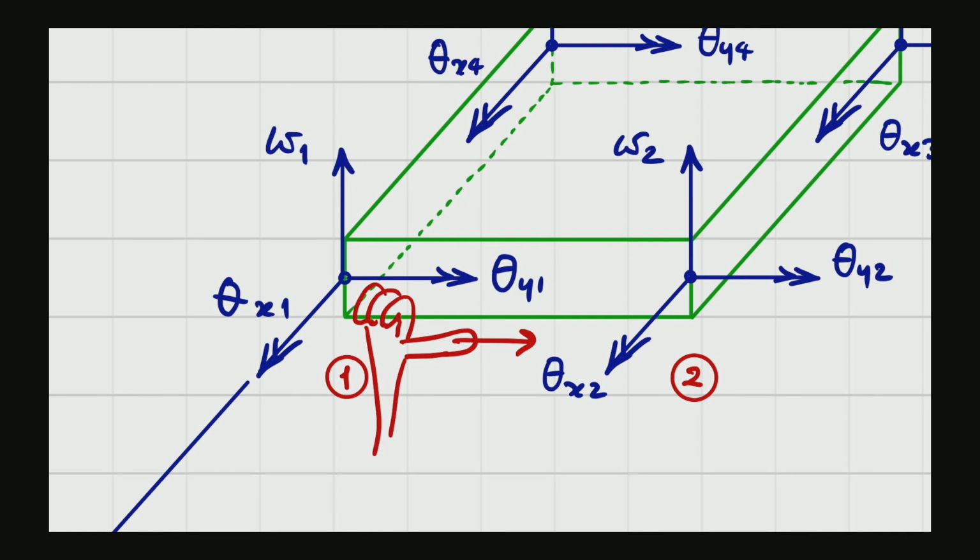This rotation is going to make the top surface go to the positive and the bottom surface go to the negative x direction.